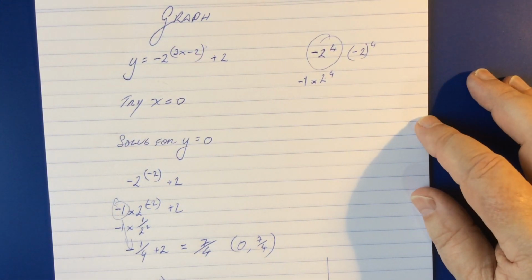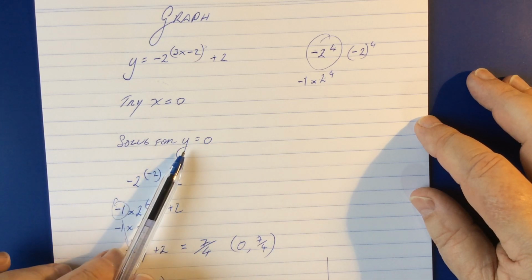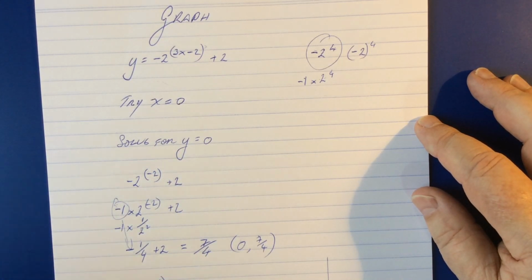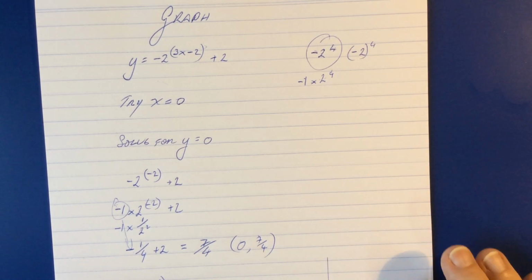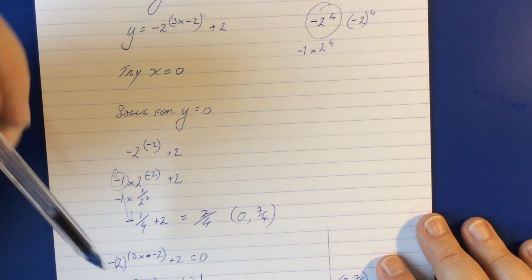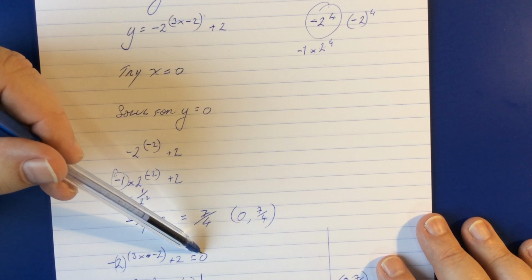The next thing that we're going to do is see if we can solve this for y equals 0. So basically, what value of x is going to give us 0 when we work our way through this function? Okay, let's go to work on that. So we're looking at trying to solve this.